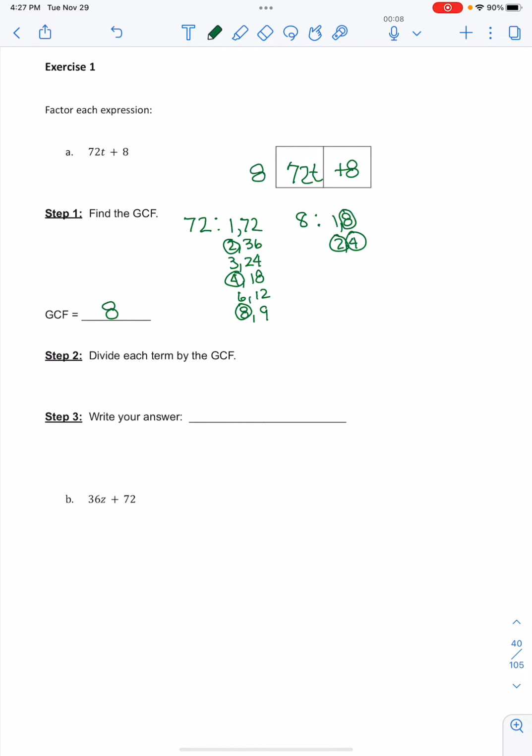So 8 goes into 72 9 times, and I'm going to bring up my t. 8 goes into 8 1 time. So I did step 2, I divided it, and step 3, I'm going to write my answer. I have 8 and then in parentheses, 9t plus 1.